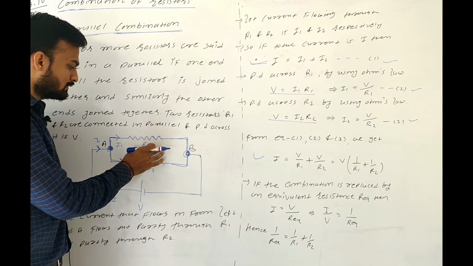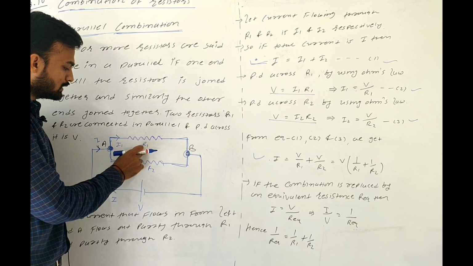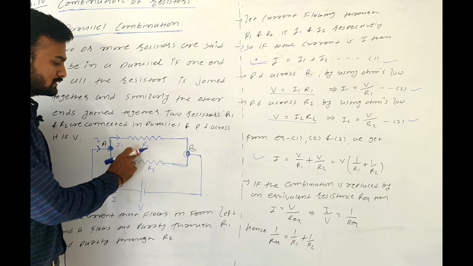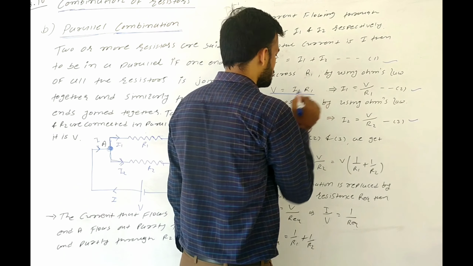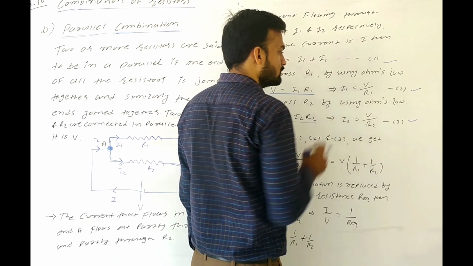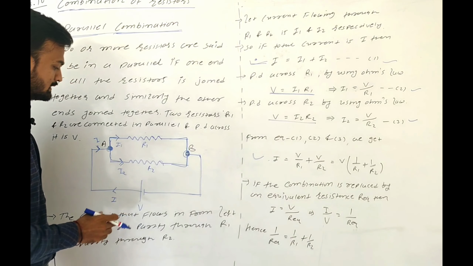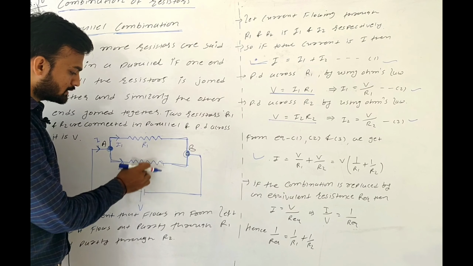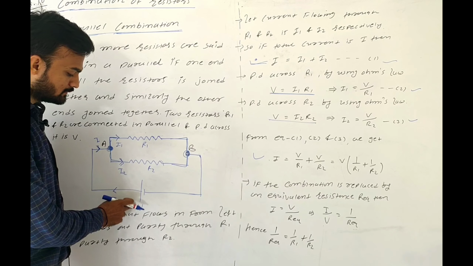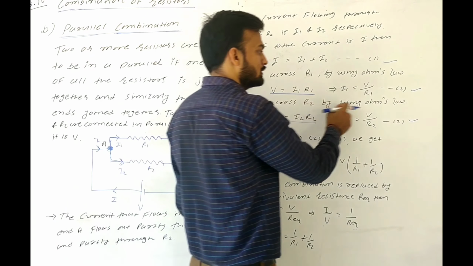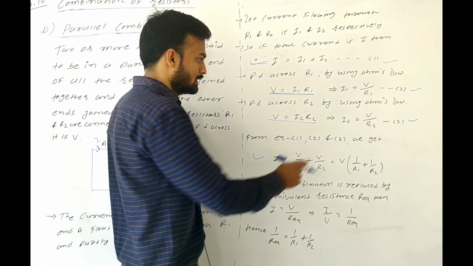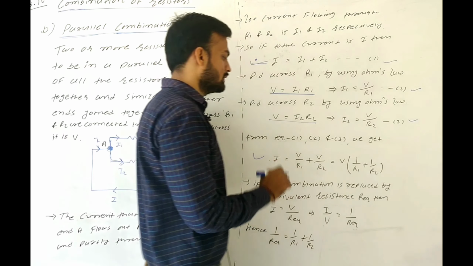The current through R1 is I1 and the potential difference across it is V, so V equals I1 R1, therefore I1 equals V by R1. Similarly in R2, the current is I2 and the potential difference is V, so by Ohm's law V equals I2 R2, therefore I2 equals V by R2.